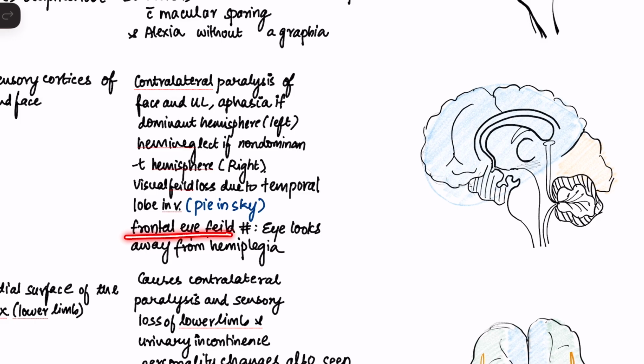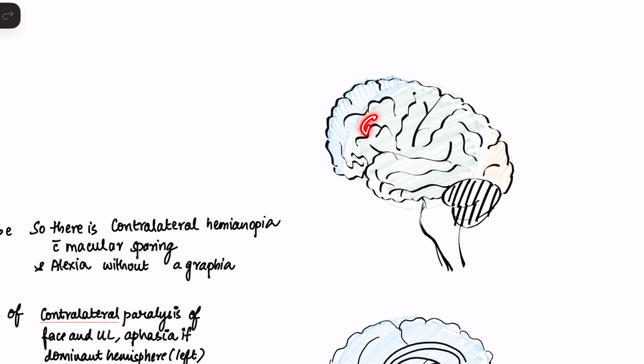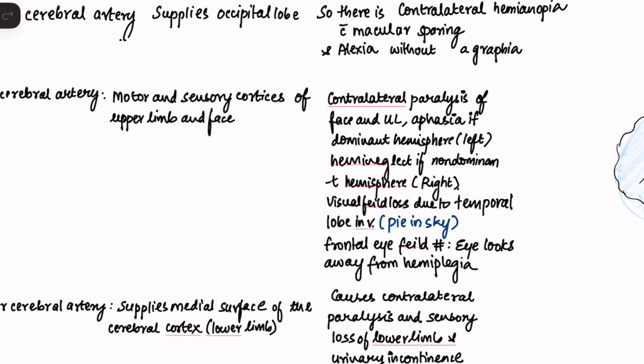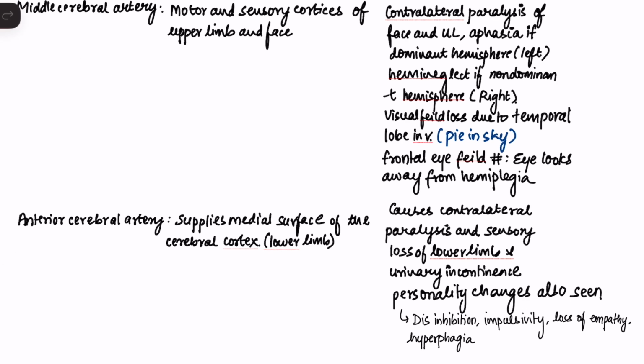And frontal eye field damage, again the frontal eye field is a part of the frontal lobe over here, and this damage will cause the eye looking away from the hemiplegia. And since the eye is looking away from the hemiplegia, and the hemiplegia is contralateral, the eye looks towards the lesion.